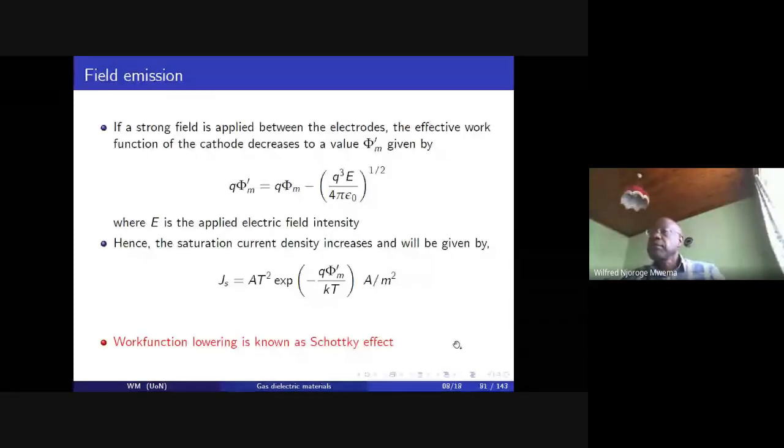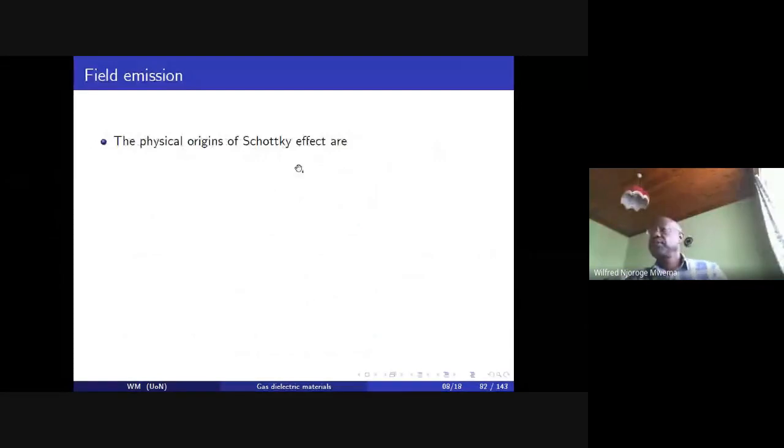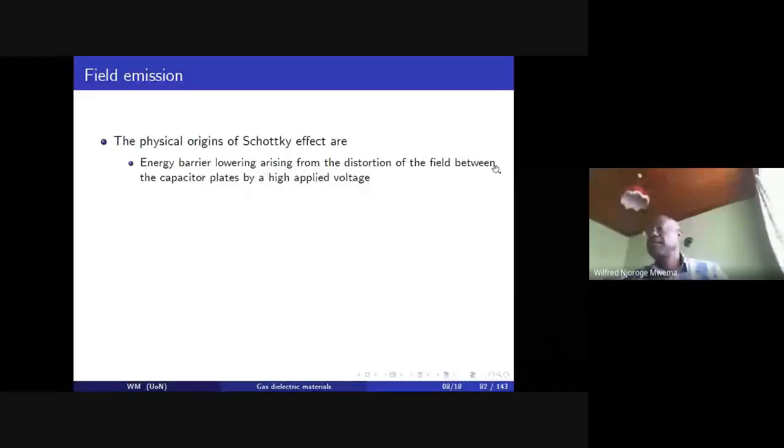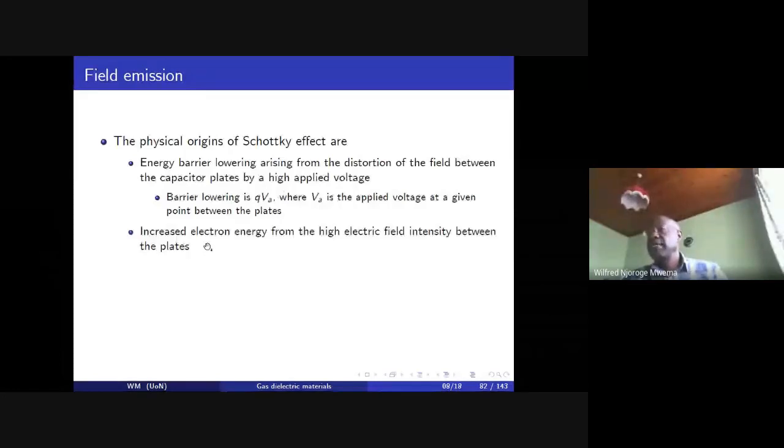So the physical origins of the Schottky effect include the energy barrier lowering arising from the field voltage, where VA is the applied voltage at the given point between the plates, and two, the increased electron energy from the high electric field intensity between the plates.